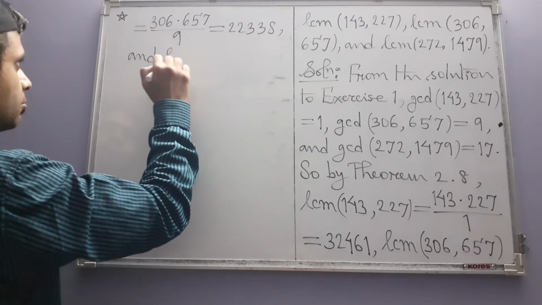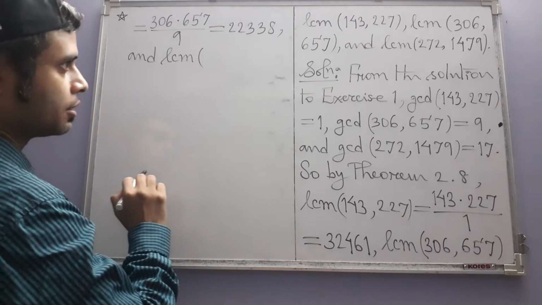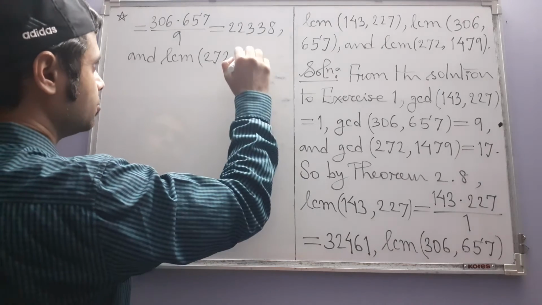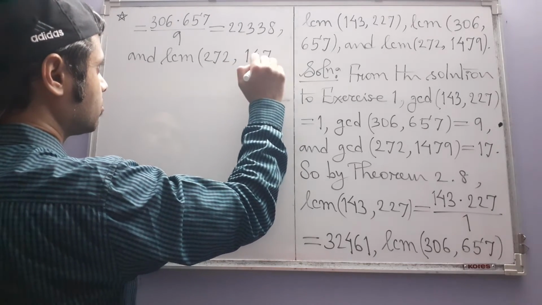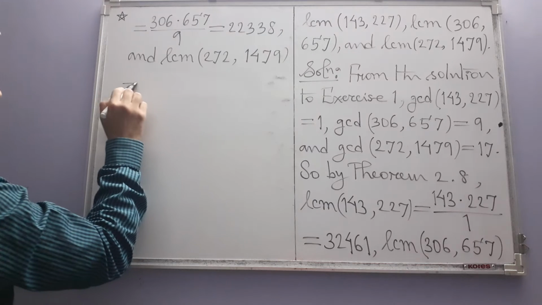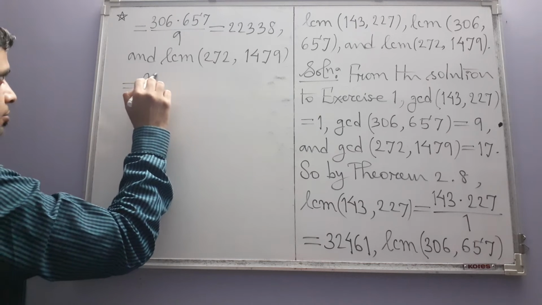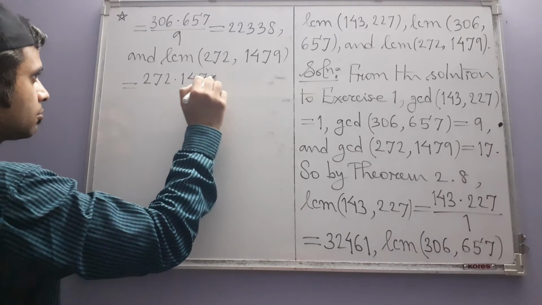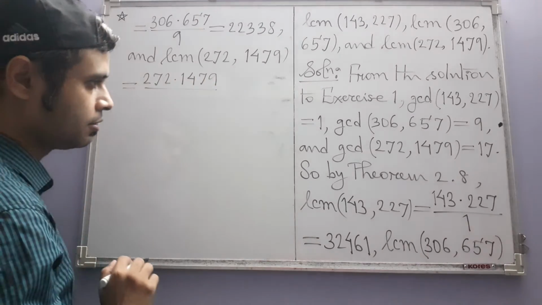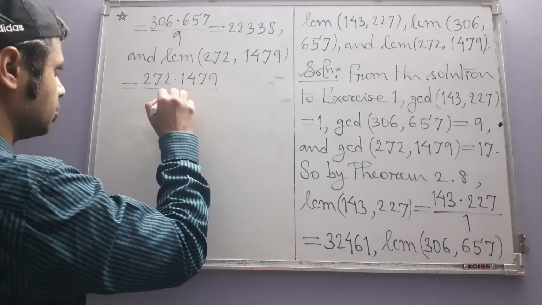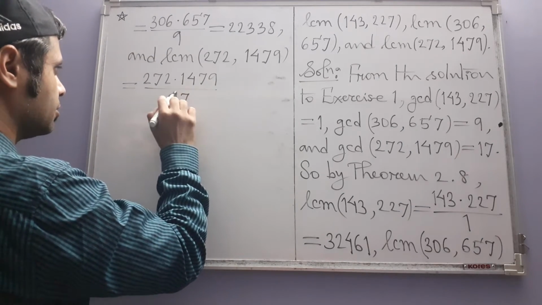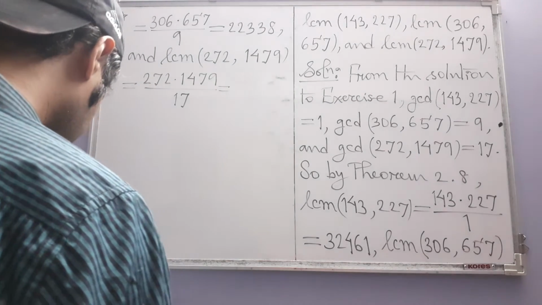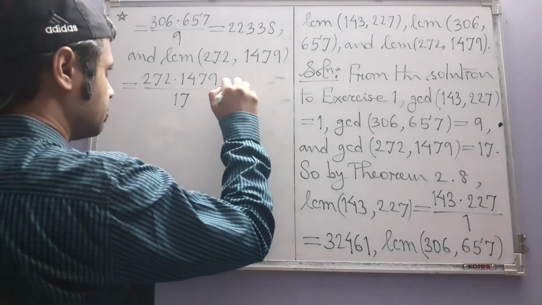And finally, the LCM of 272 and 1479 is their product divided by their GCD, that is 17, and this is 23,664.